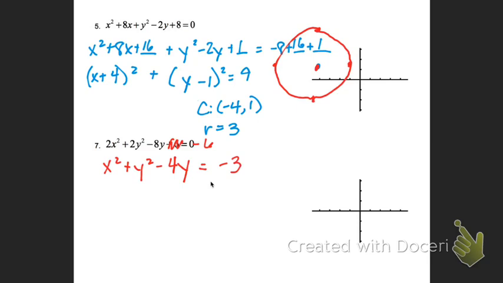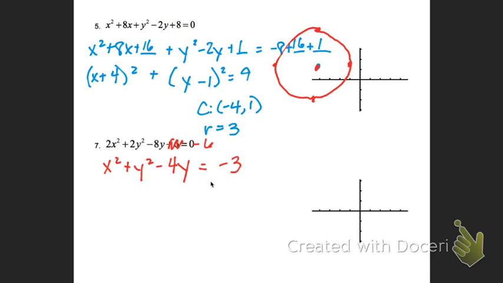So either way, if you move it over first, or you don't, you'll get the same answer. From here, I have just an x squared, but I don't have just an x. I don't have a middle term. So do I need to complete the square for that? No. So I'm going to leave that be, because I don't have a middle term.